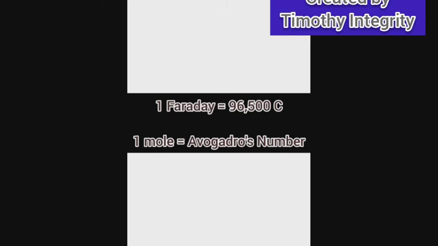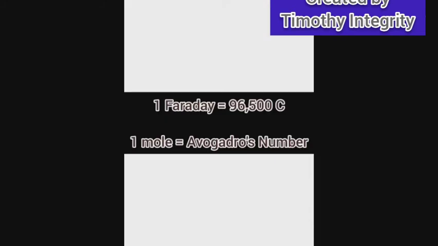Of course, we know that a mole of electrons contains Avogadro's number, that is 6.02 × 10^23. So the quantity of electricity that is required to discharge 1 mole of electrons is 1 Faraday, that is 96,500 coulombs.